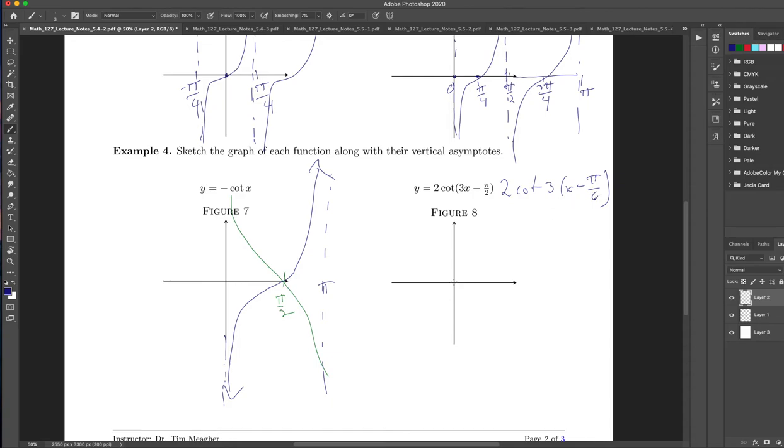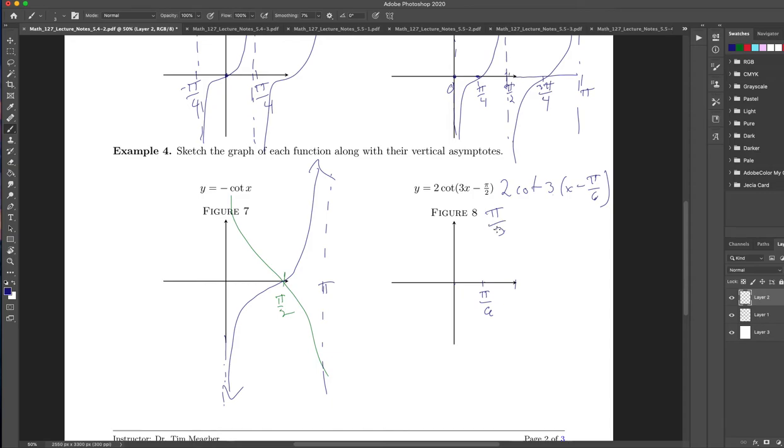So our 0 was up here, so we're going to have our first one at pi over 6. So here it is, pi over 6. So pi divided by 3 is our period, because remember, the same as for tangent, the period is pi over 3. So I'm going to move pi over 3 this way, or pi over 6 this way, and pi over 6 this way.